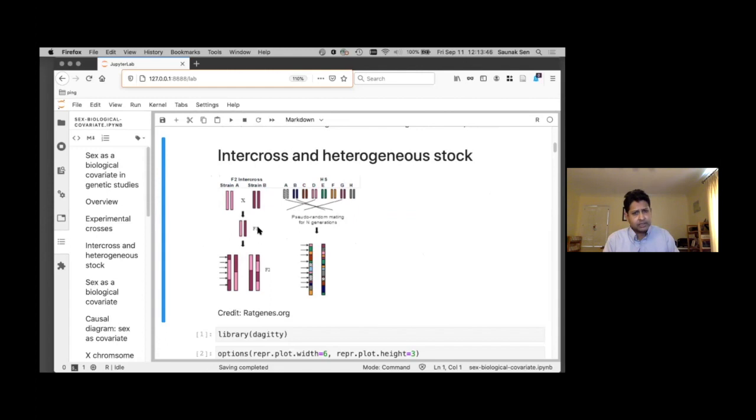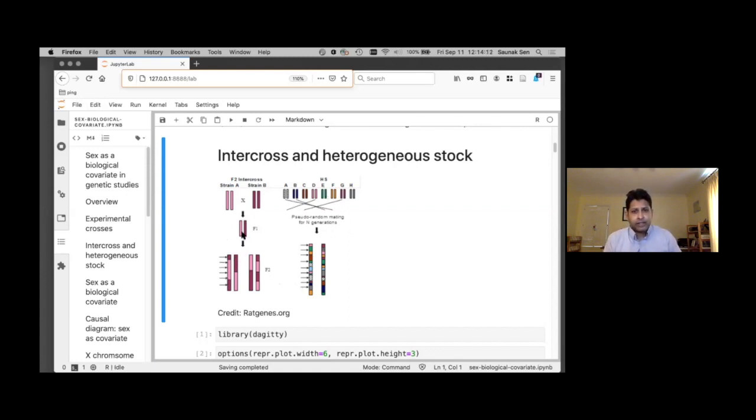These animals are heterozygous, but still genetically identical. When you cross the F1s to themselves, then you have a population of approximately shuffled genomes. Note that nearby loci are correlated. That's because of the way genomes are being shuffled here.